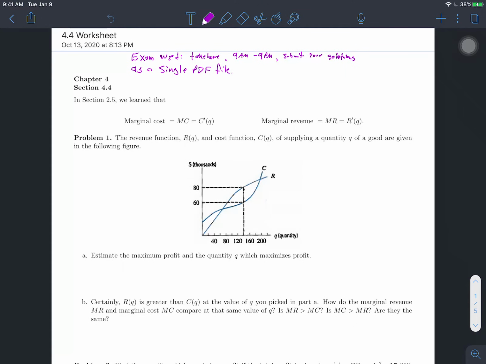Okay, great. Applications. So we're not really going to learn anything new today. All we're going to do is reconcile this new understanding of minimizing and maximizing functions to our understanding of marginal profit, marginal revenue, profit, revenue, cost functions, and that sort of thing.